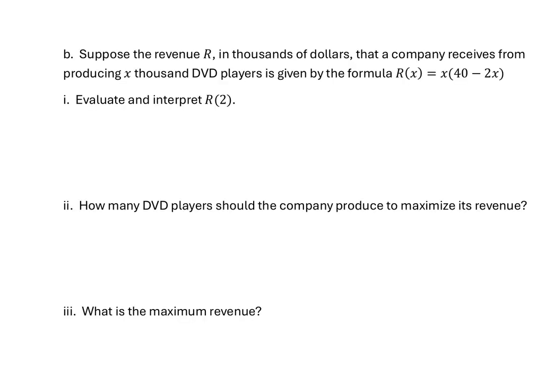Okay, let's go ahead and look at a couple more examples now. All right, our next example: suppose the revenue, in thousands of dollars, that a company receives from producing X thousand DVD players is given by the formula R of X equals X times 40 minus 2X.